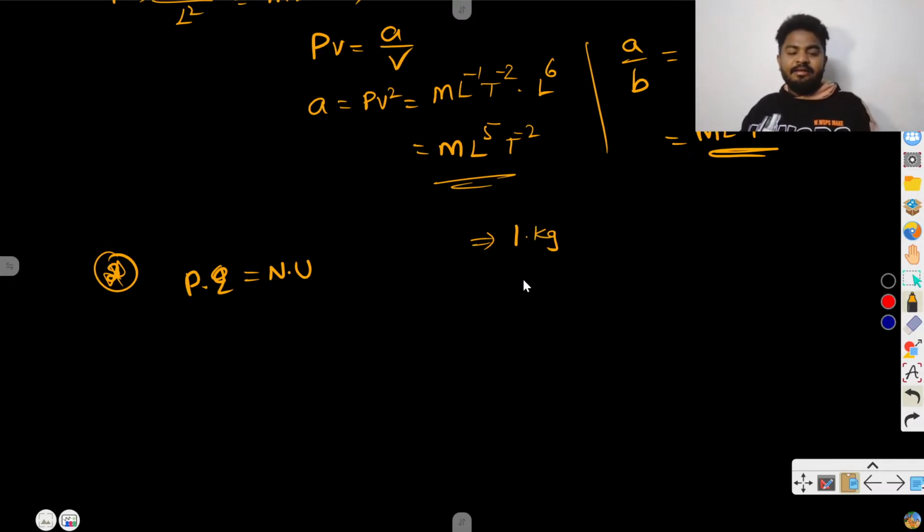So here, a physical quantity is always represented in the form of n into u. Here, n is nothing but the numerical number and u is the unit. If I take 2 kgs, in this 2 kgs, 2 is the numerical and kg is the unit.